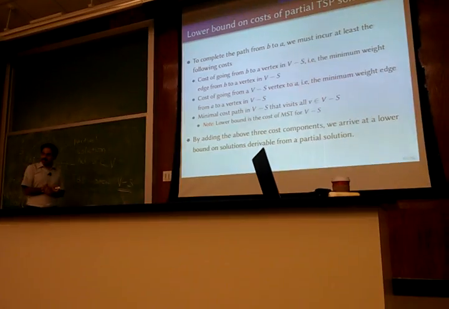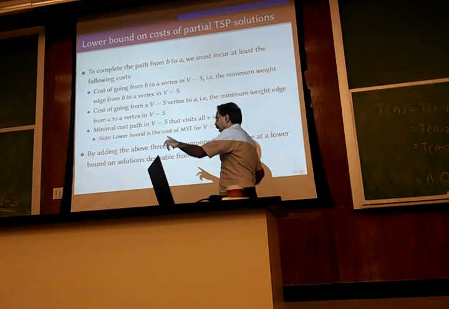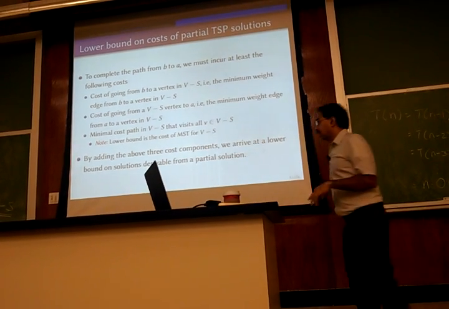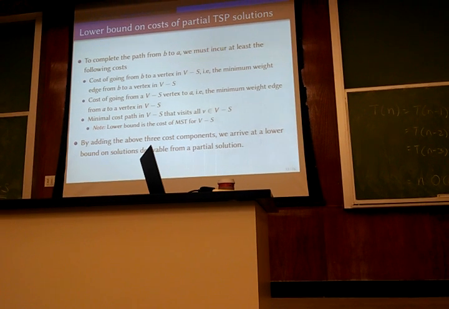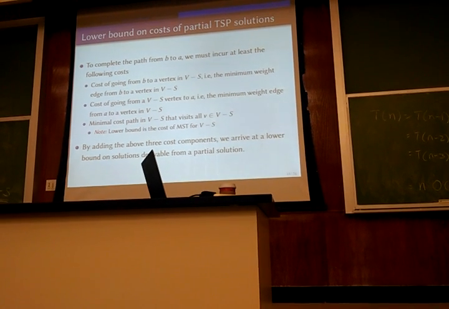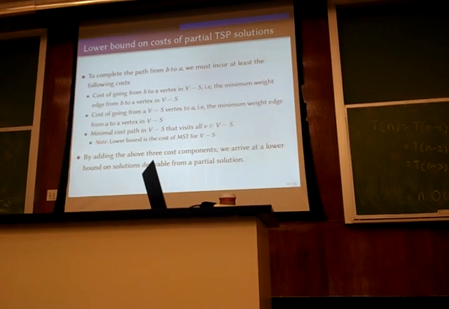And the reason is actually very simple, right? Suppose I have a path that goes through every vertex in V minus S. Okay? Well, by definition, that is a spanning tree, right? A path that goes through every vertex is by definition a spanning tree.